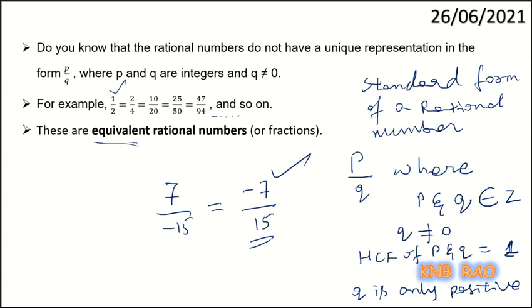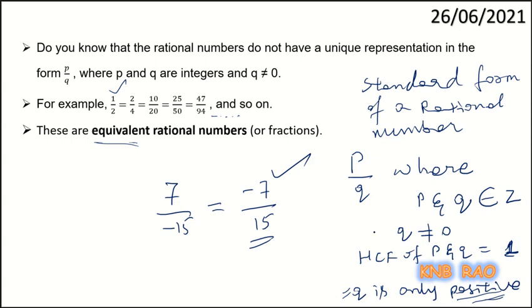So, a rational number is in standard form when the numerator and denominator cannot be further simplified, and the denominator is positive.